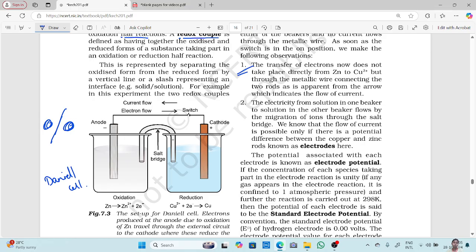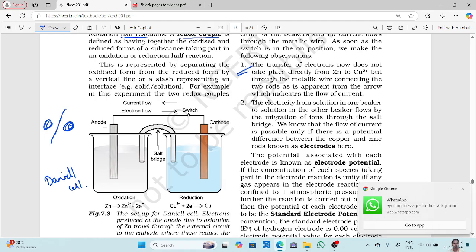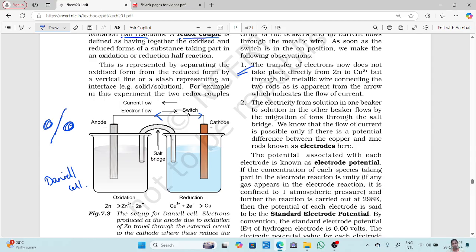But here there is no direct electron transfer. The moment you put on the switch, the electrons start generating here and move from one rod to the other through this metallic wire. So this is the flow of current. In this direction the current flows, and this direction is the flow of electrons.